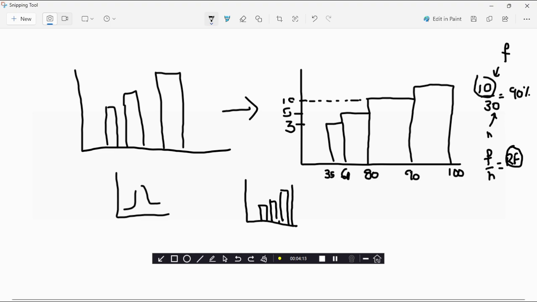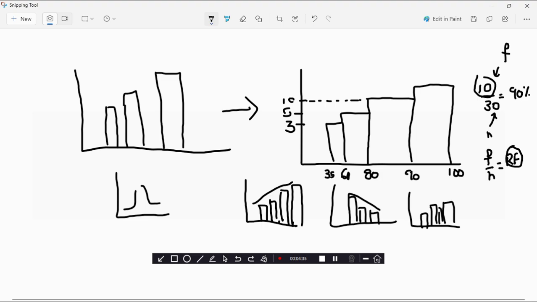Notice this is just going in one direction. Or if this is your bar graph, again, this is going in one direction. This is not symmetrical. Or if this is your bar graph going up and down, this is not symmetrical.